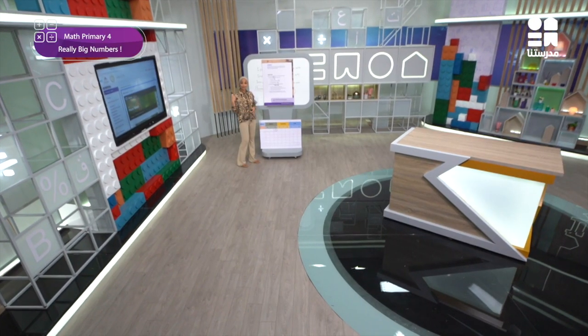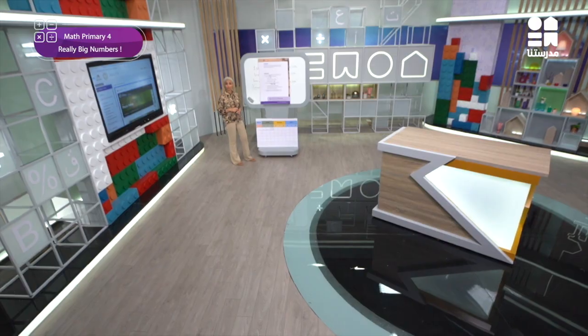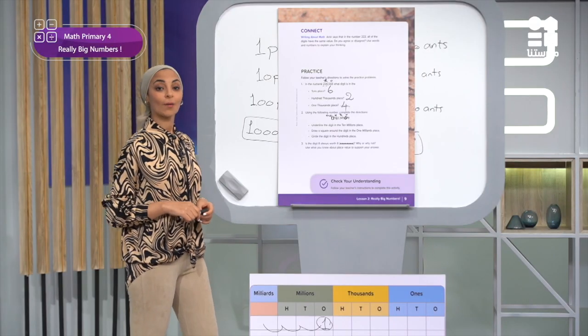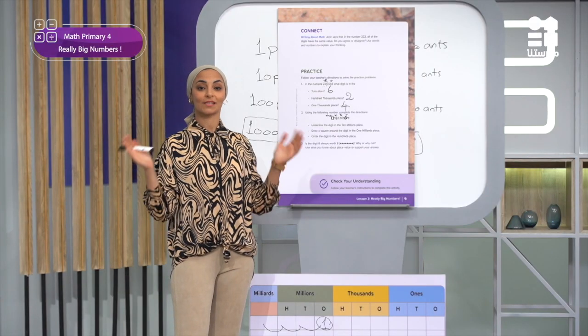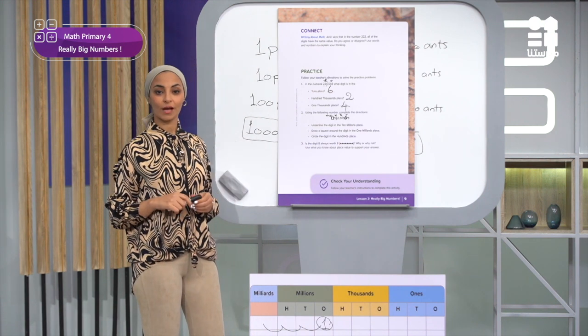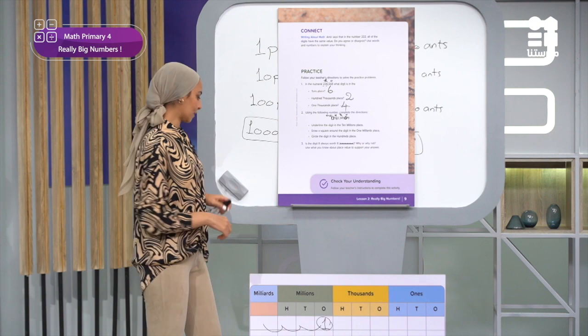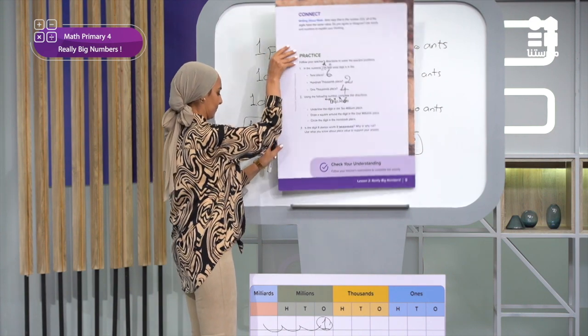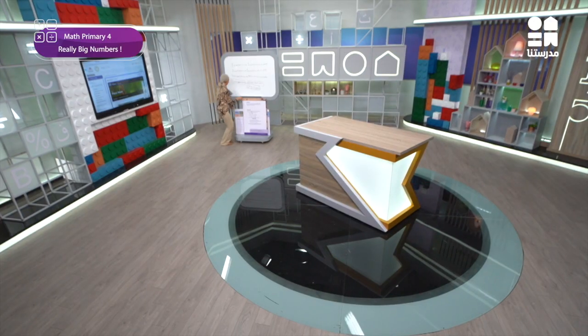Now let's go back to the question I asked you to think of during the lesson about forming the bigger and the smaller numbers from the digits that we have here. Okay, now let's see.